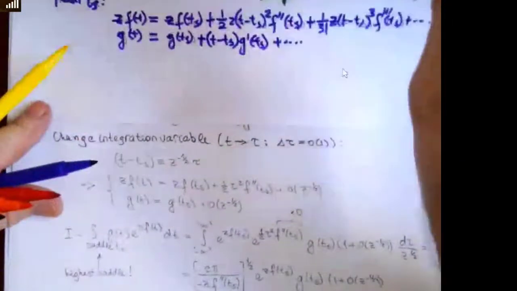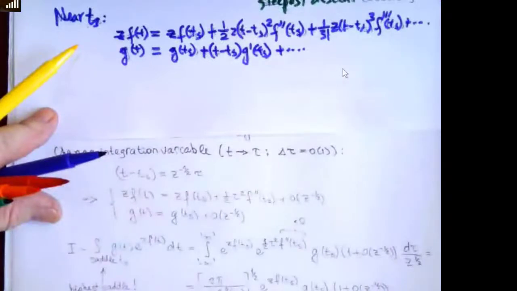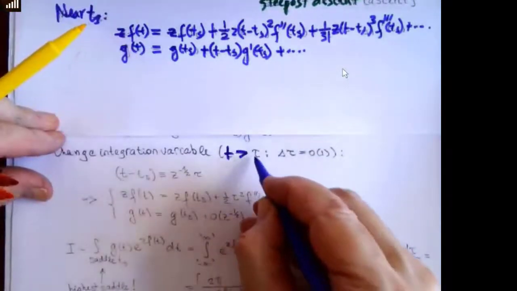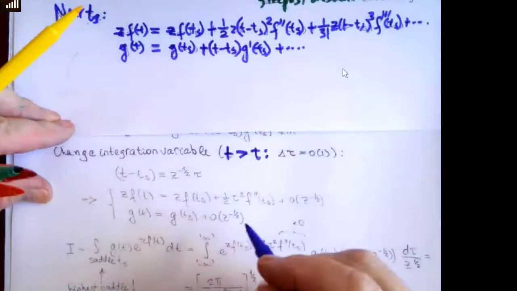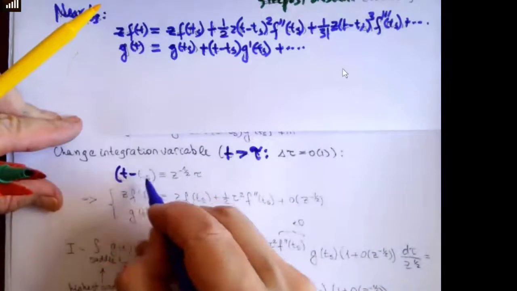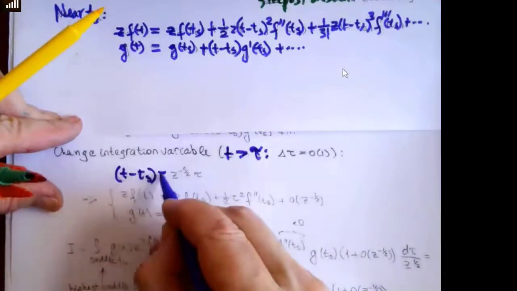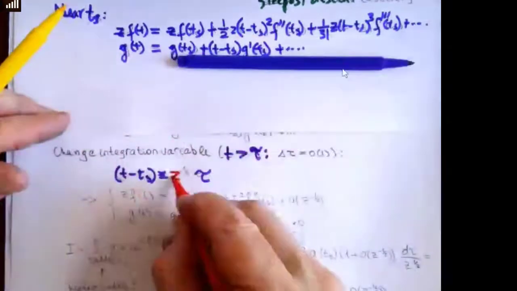So near the saddle, that's what the functions look like. And now what we'll do is we'll change the variables, the new guys, to tau, that measure the parametric distance on a curve away from the saddle point, and we'll absorb the prefactor into this.